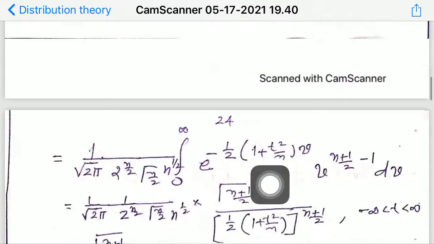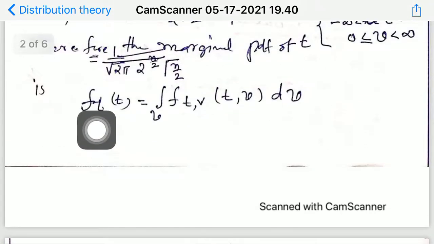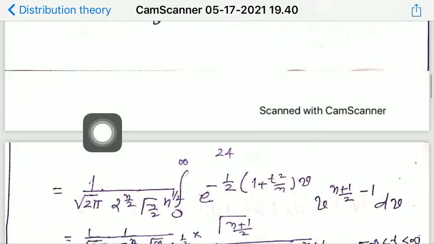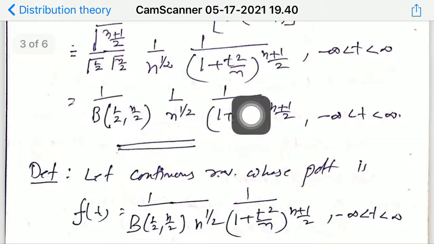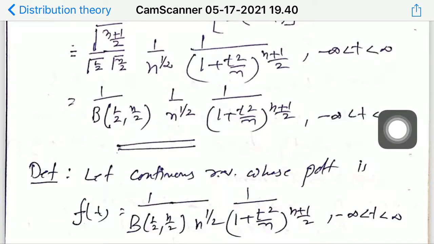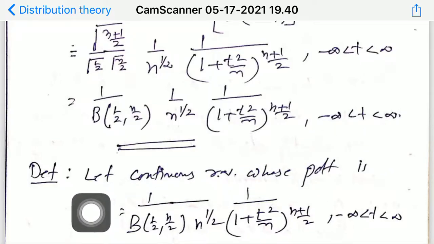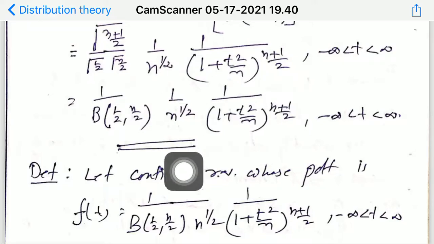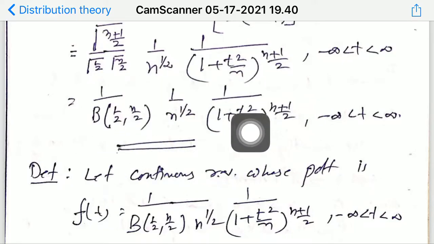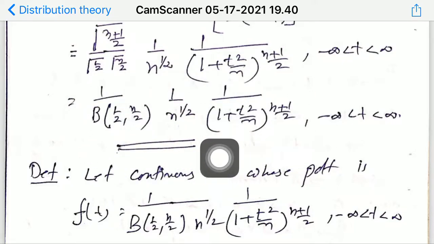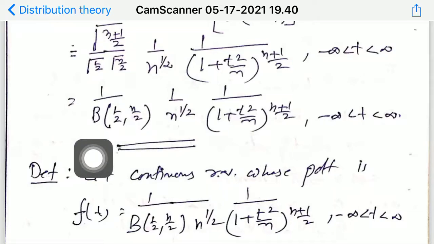So you are finding the PDF of t, that is PDF of t distribution. Okay, and we define now t distribution in terms of its PDF. Okay, how would you define now a t distribution with n degrees of freedom?